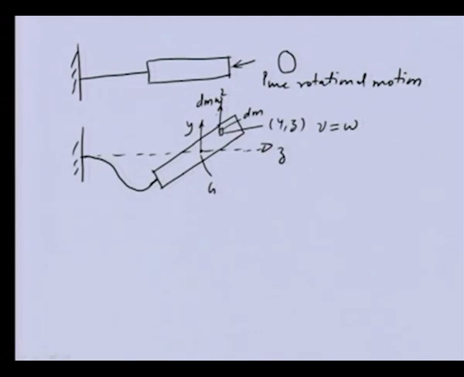So, the centrifugal force will be dm omega square into y, and another mass placed symmetrically opposite to the previous mass will produce another centrifugal force. The direction is taken on the negative side of the axis.